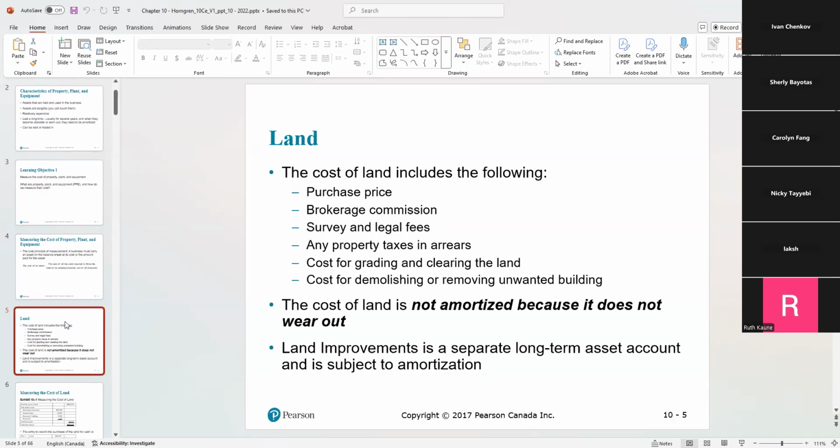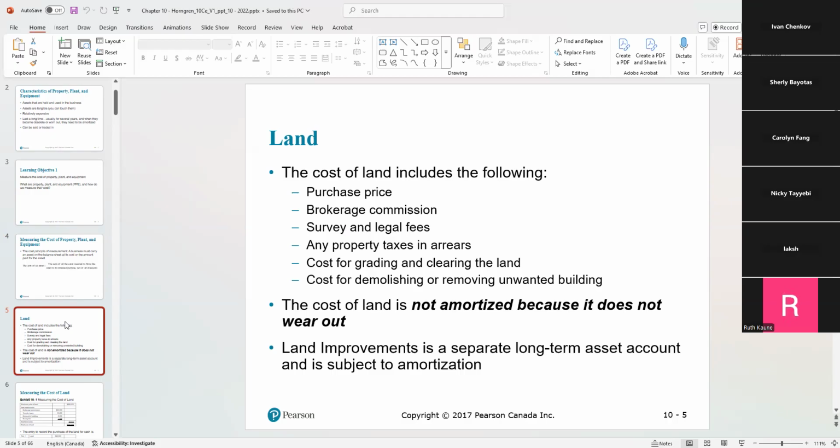So the cost of the land will include the purchase price, brokerage commission, any survey and legal fees, and any property taxes in arrears. That means property taxes that haven't been paid yet. If you purchase it, you have to pay those taxes. It also includes the cost of grading and clearing the land, and the cost of demolition and removing unwanted buildings.